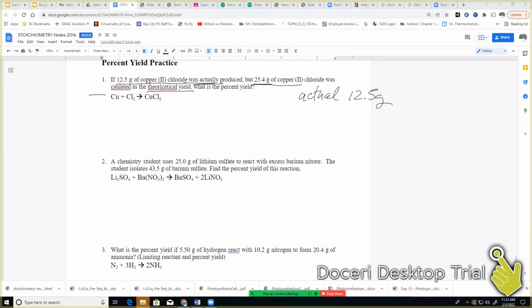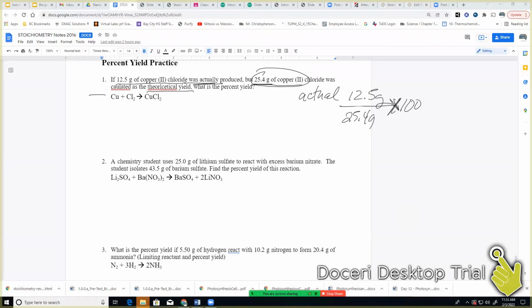All right, so on this one, I don't have to do a stoichiometry calculation. It's given to me. So I just need to take my actual divided by my theoretical, 25.4 grams and multiply by 100. And I would want 3 sig figs.